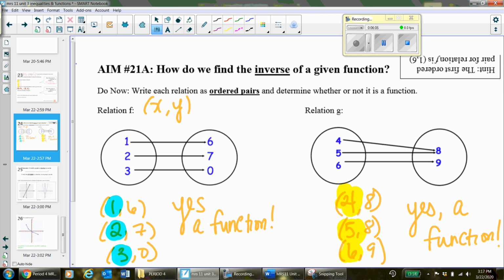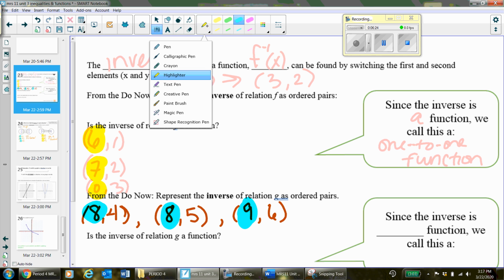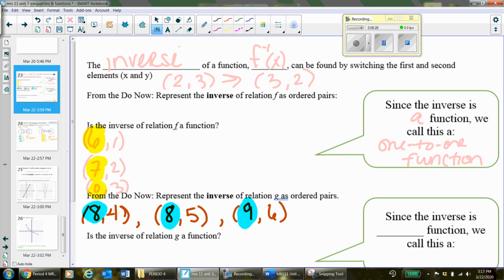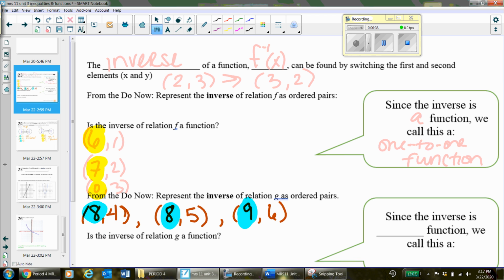And the last was 6, 9, so it becomes 9, 6. Here we want to see if any of our x values repeat once I made this into an inverse function of g. My 8 values repeat here, my x values. They didn't when it was in its original form, which means yes, it was a function originally, but for the inverse, it is not.